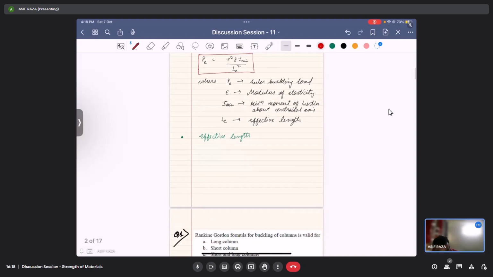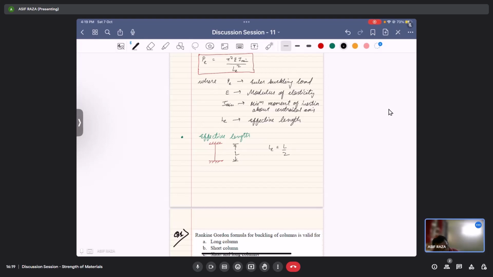If the member which you are considering is fixed at both ends, and the actual length of the system is L, then the effective length LE for both ends fixed is L by 2.